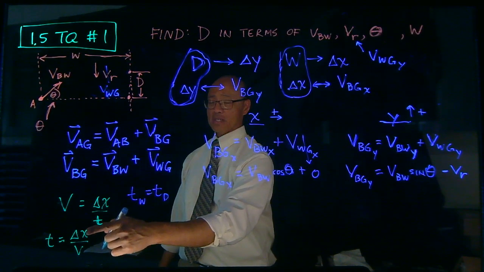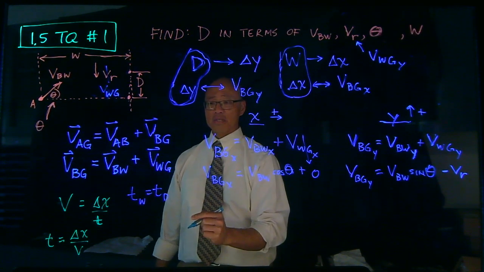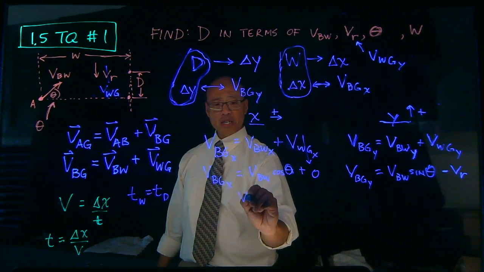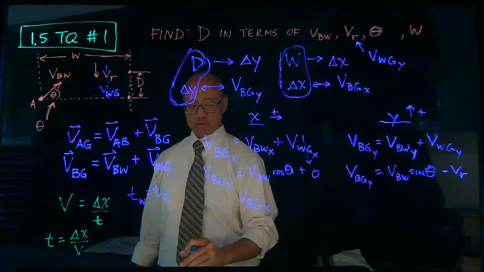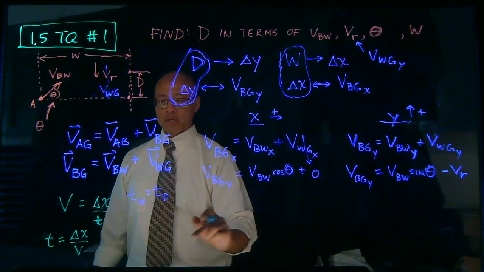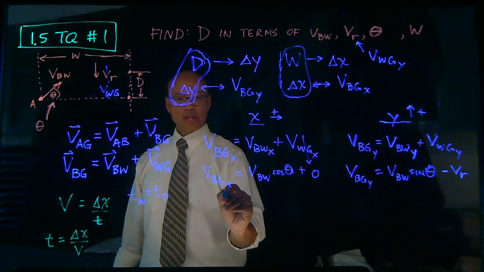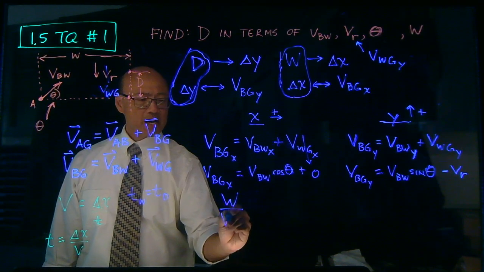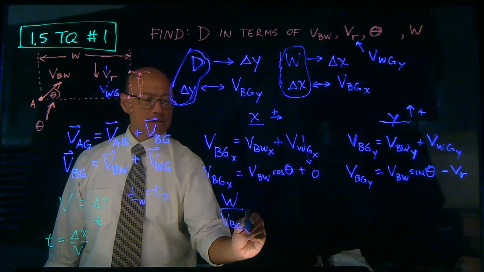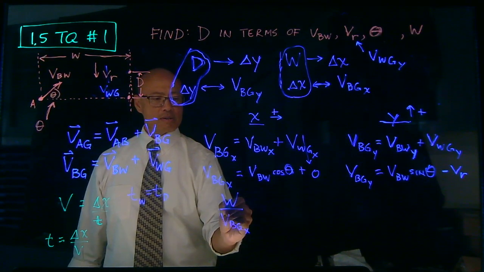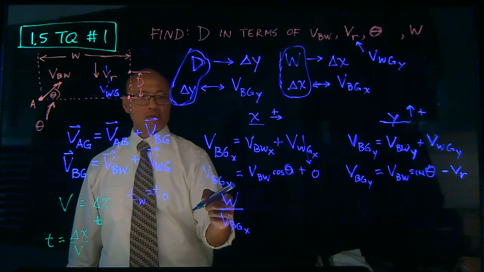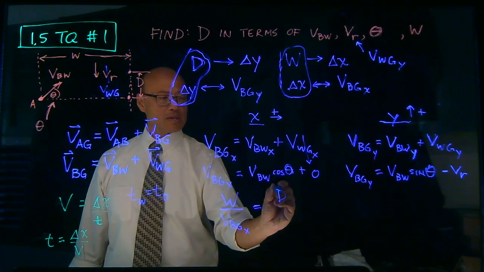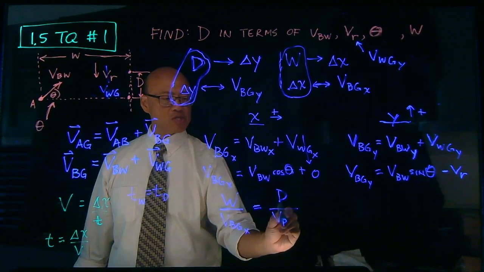And each of those times is that distance divided by their velocities. So if those are the same, we also know the following. We know that VBGX should start with W, right? Looking at this, I would have had to go W distance divided by how fast I was going in that direction. That time has to equal this divided by VBGY.